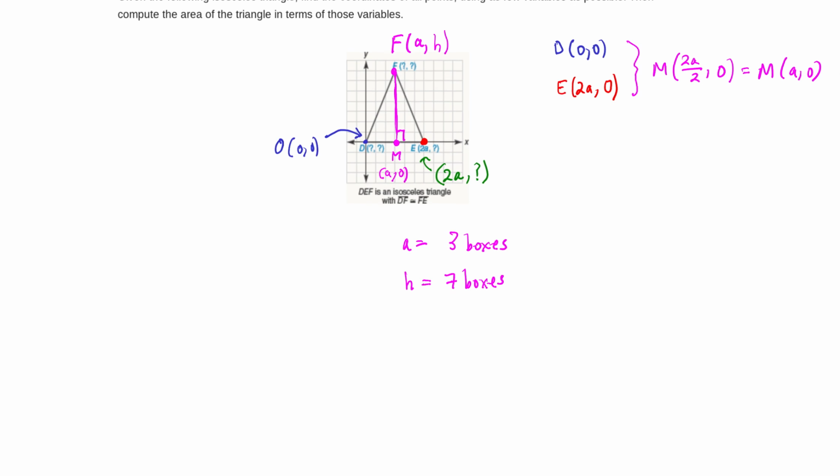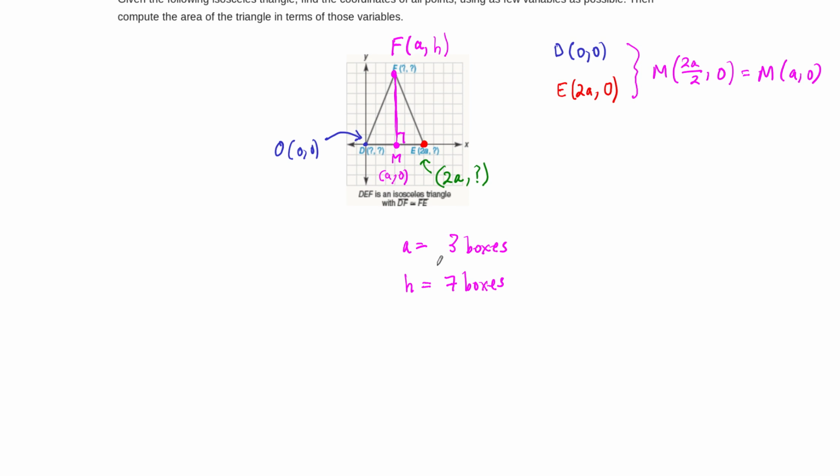And then what we can do is use this ratio to solve for h in terms of a. All right? And so then h is equal to what? It's going to be 7/3 of a, right? So for every 3 boxes, we get a here.